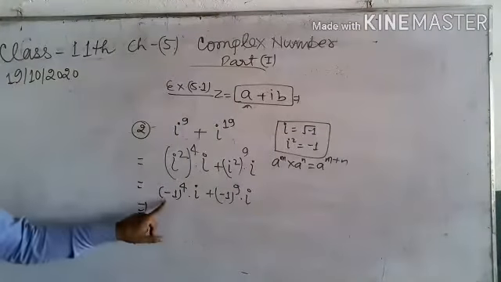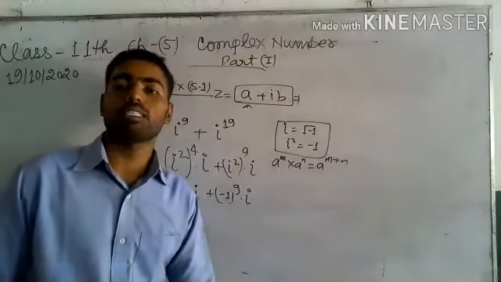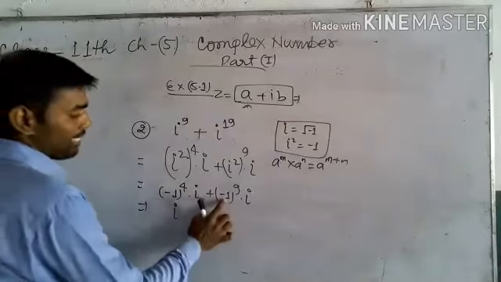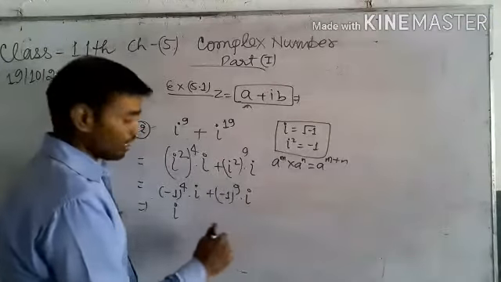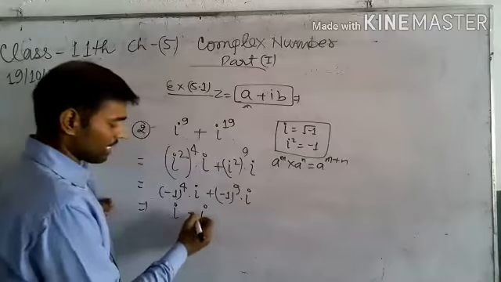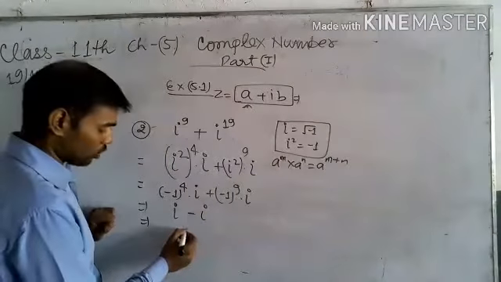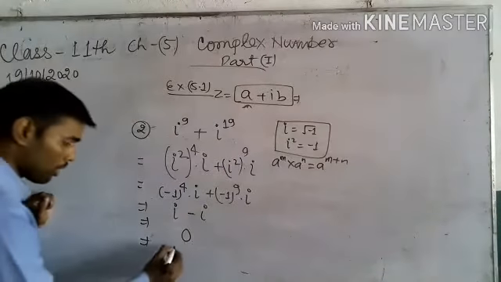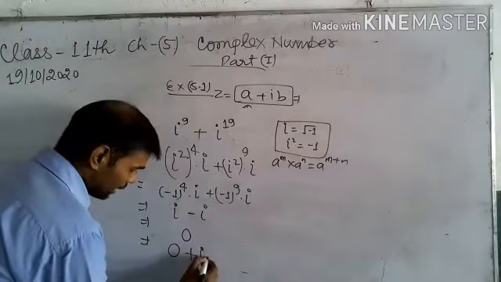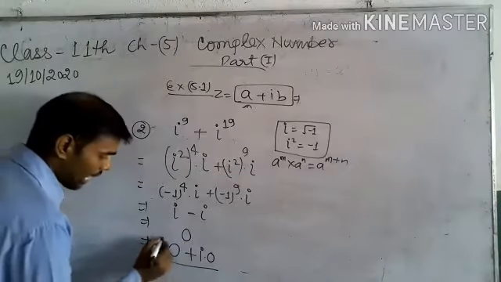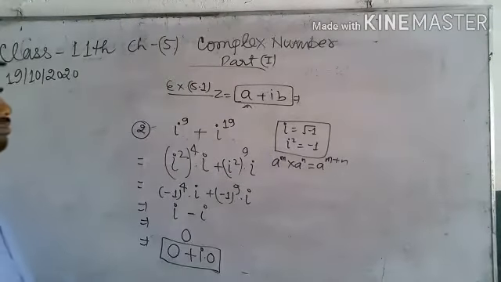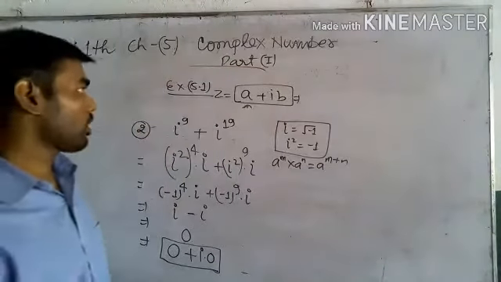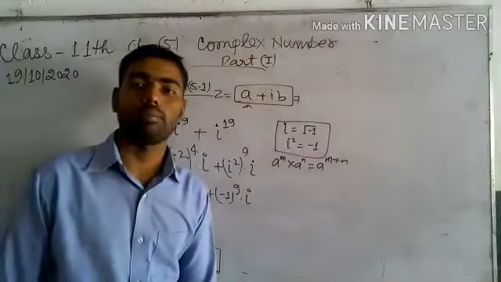Now minus 1 to an even power is positive, so this is plus i, and minus 1 to an odd power is minus, so this is minus i. Plus i and minus i cancel out, so we obtain only 0, and 0 can be written in the form 0 plus i into 0. This is the form a plus ib. So this is the complete solution of question number 2 of Exercise 5.1.